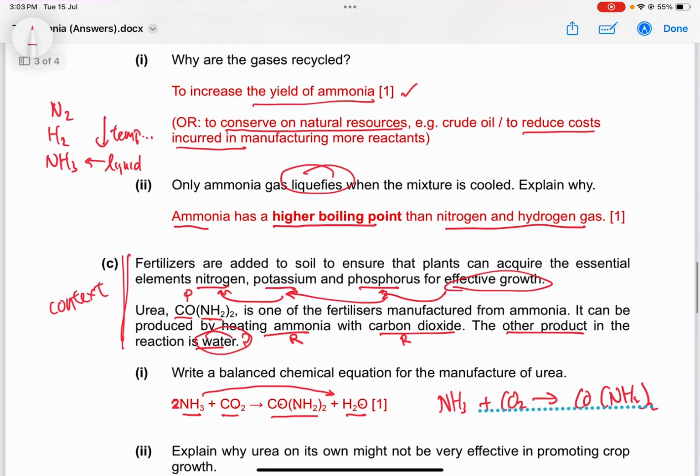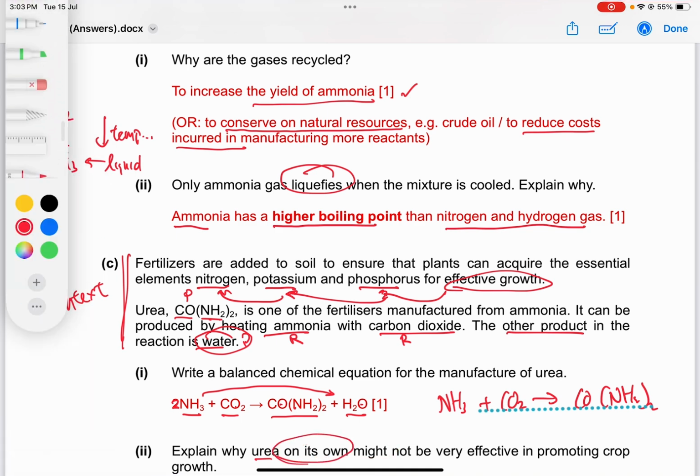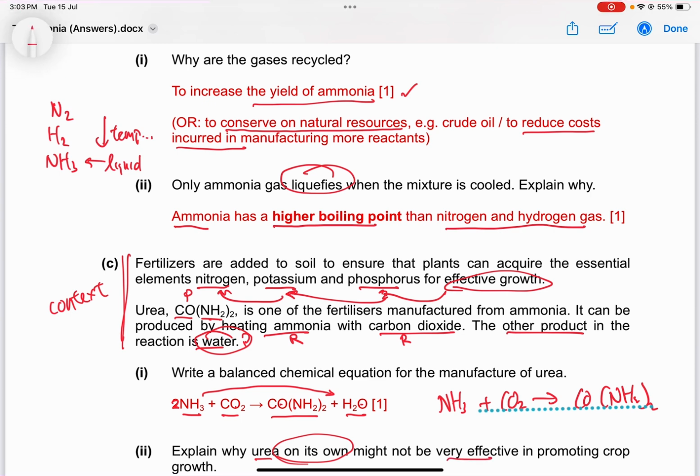Next, explain why urea on its own may not be very effective for promoting crop growth. Did we talk anything about crop growth? Yes. For plants to grow effectively, I need three things: nitrogen, potassium, and phosphorus. What does urea have? You realize urea only has nitrogen.